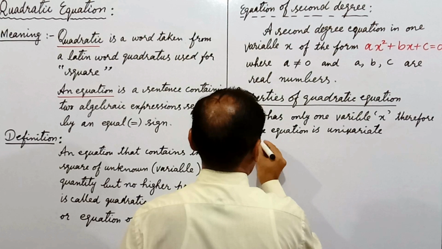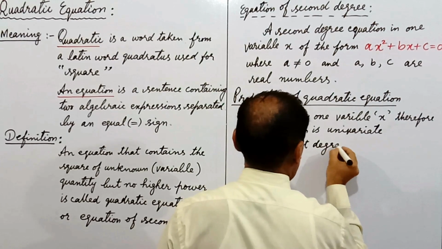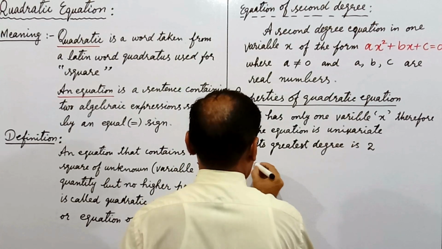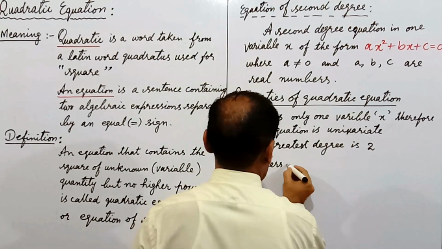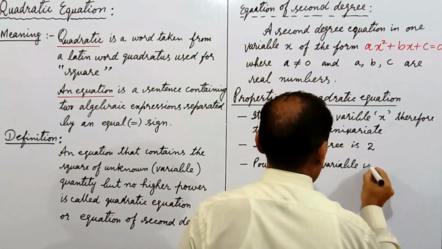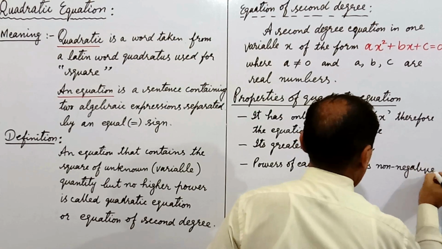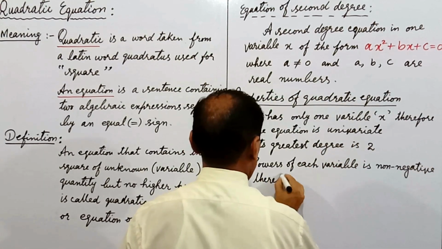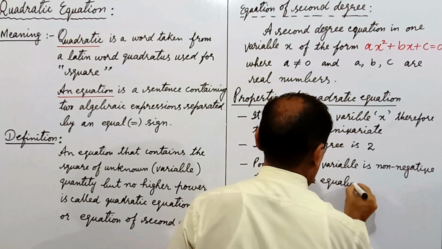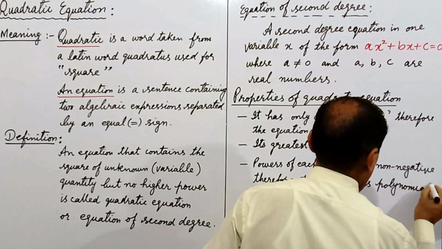Number two, its greatest degree is 2. Number three, powers of each variable are non-negative, therefore the equation is a polynomial equation.